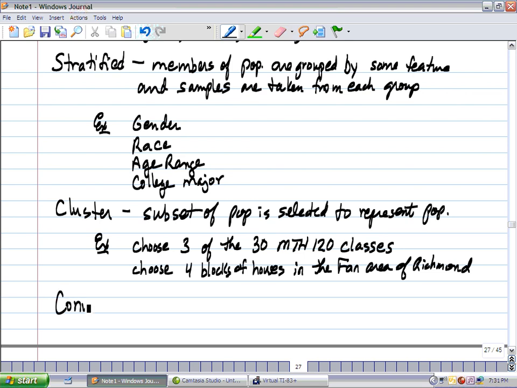The last kind, and really the worst kind, the one that's most likely to have the most bias, is either what's available, sometimes availability is limited, what's fast, easy, or cheap.